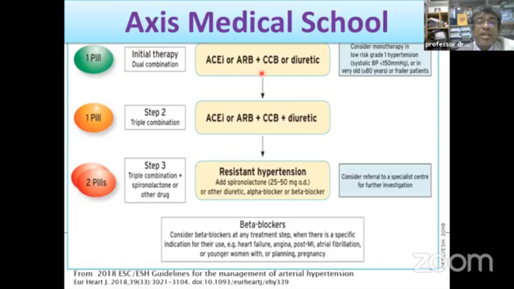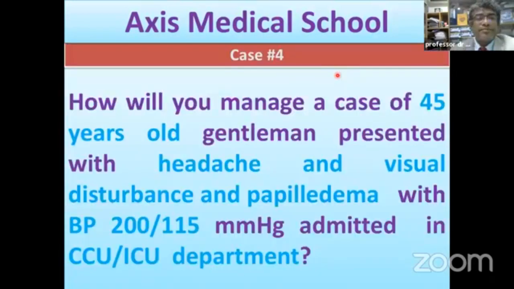Or if a patient has got heart failure or post-MI angina, or atrial fibrillation, or a young woman with or without planning pregnancy, she or he should get beta blockers as a first line antihypertensive medication. So this is the way we should choose an antihypertensive medication, or one group of antihypertensive medications, in a patient.